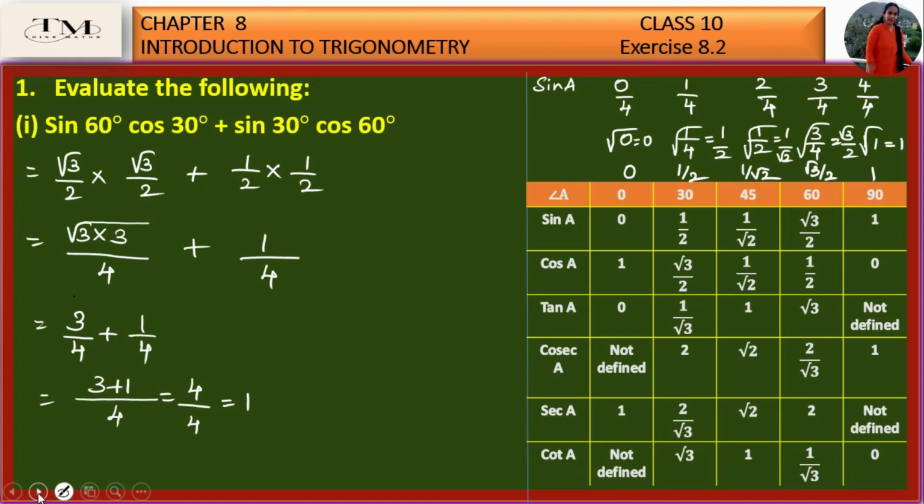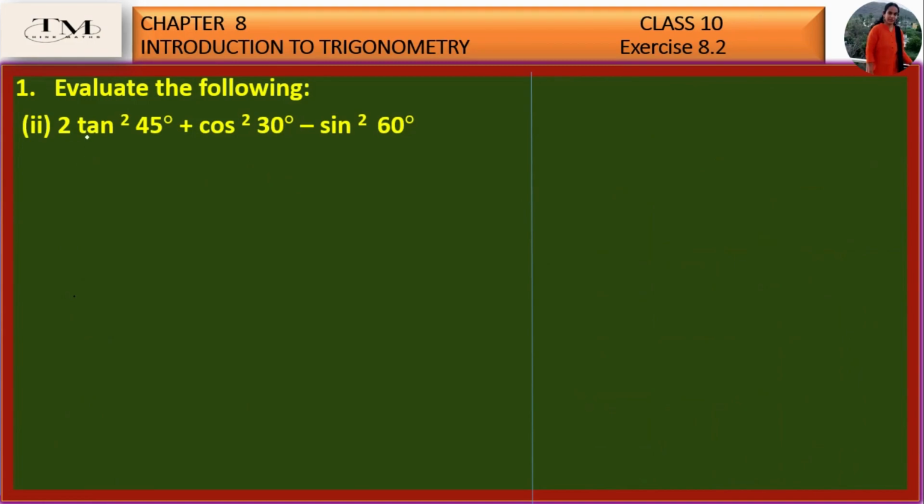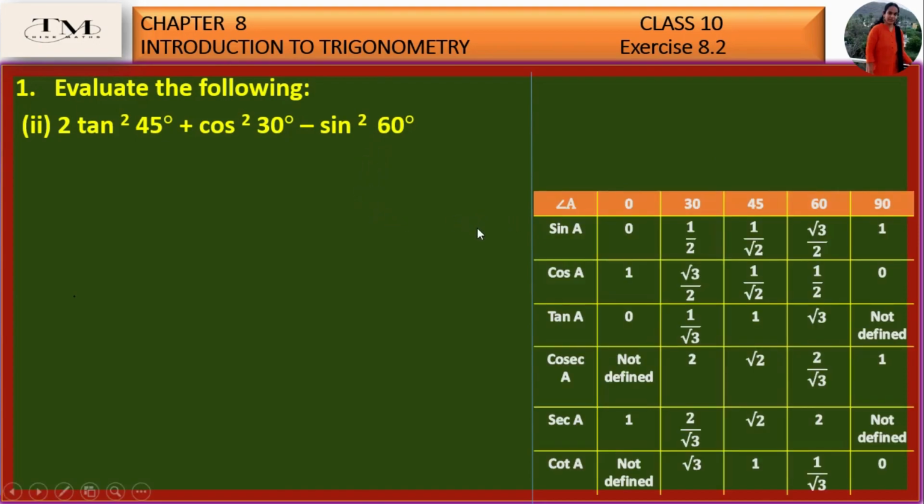Next question. Second part, it is 2 tan square 45 plus cos square 30 minus sine square 30. So let us find out the values from the table. Now it is tan square 45. So find the value for tan 45. So what is the value for tan 45? It is 1.